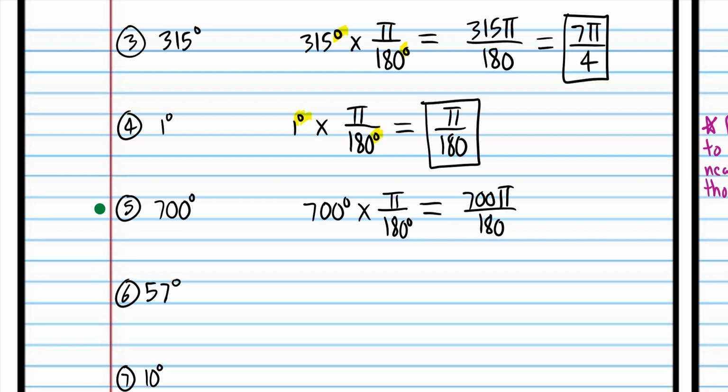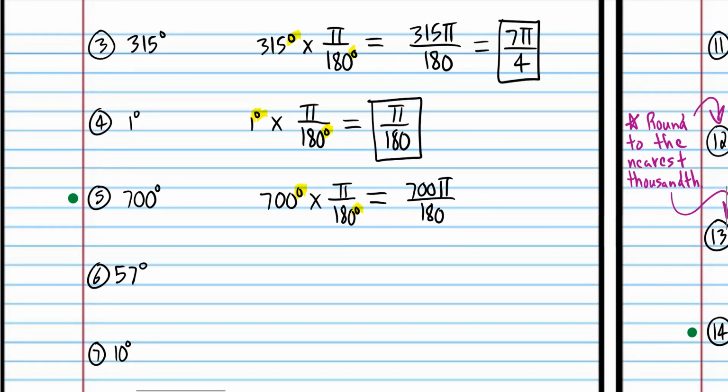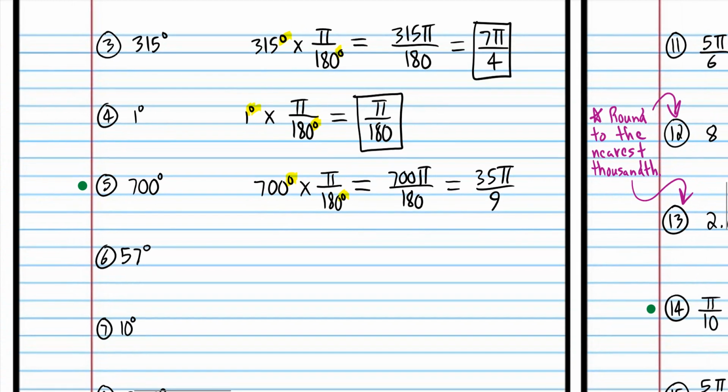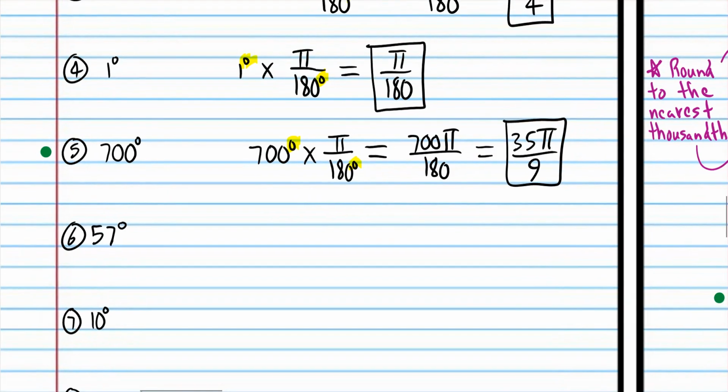The degrees cancel out. And that's going to be 35 pi over 9, I believe. So if you got that right, excellent. So go ahead and try number 6, and when you come back, we'll do it together.